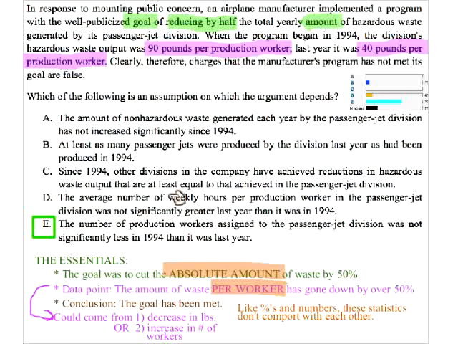Any other questions about this problem, about specific choices, or about specific issues that you didn't understand? If you have any specific questions, please put them in the text box. Okay. Good stuff.